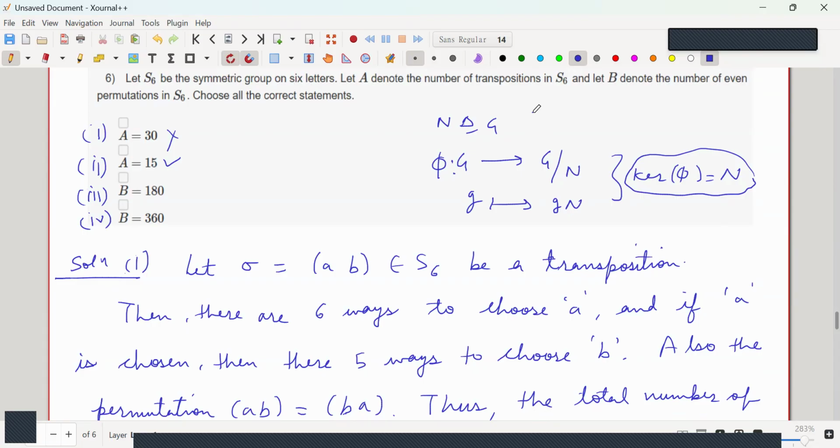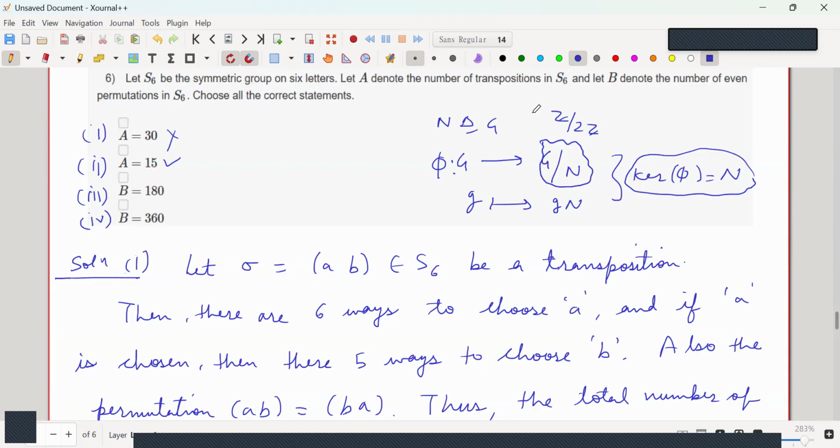Now the idea is how to see this G mod N as some known group. So here, G mod N is just Z mod 2Z.